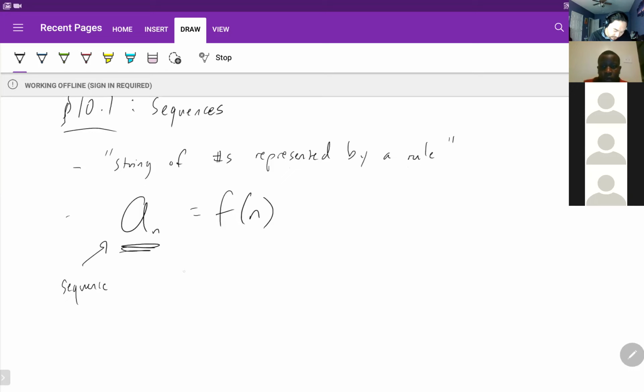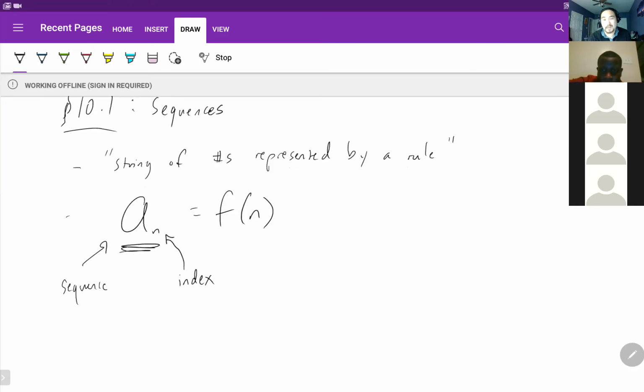Oh, and by the way, n has a special name too. It's called the index. What they're saying here is you can treat a sub n as almost like a function where your input is n.